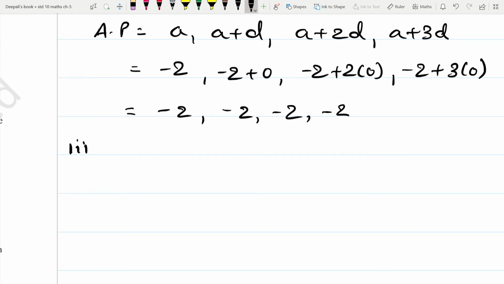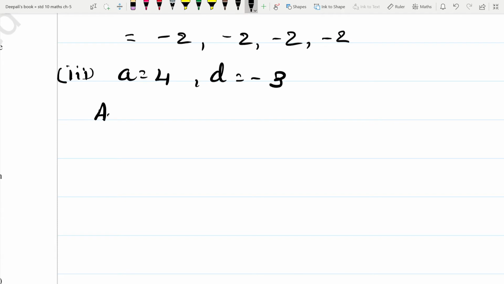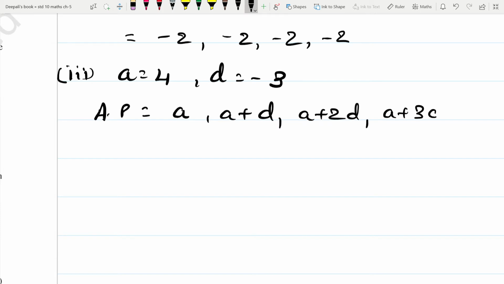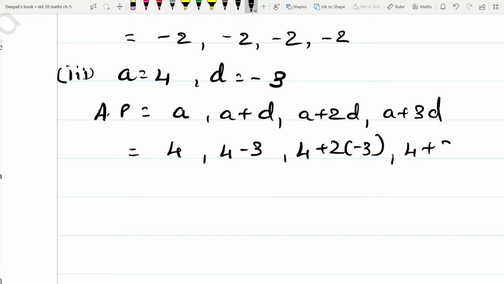Number 3. A is equal to 4, D is equal to minus 3, AP is equal to A, A plus D, A plus 2D, A plus 3D. So I get 4, 4 minus 3, 4 plus 2 into minus 3, 4 plus 3 into minus 3.